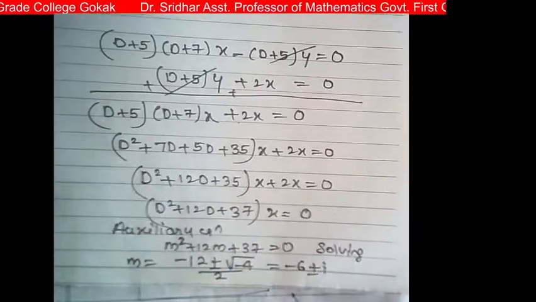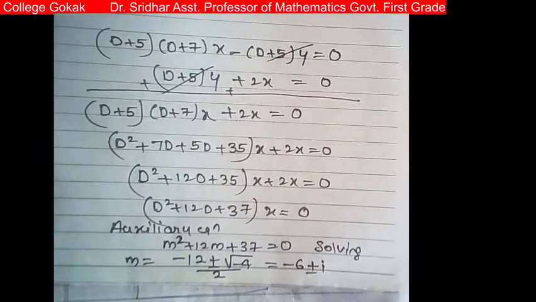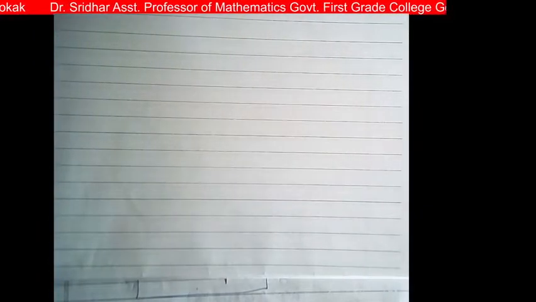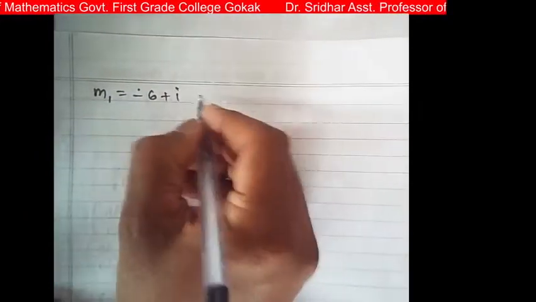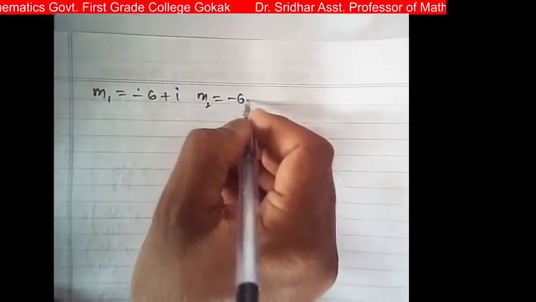So the two roots are complex, of the form a plus ib. We get the two roots as m1 equal to -6 plus i and m2 equal to -6 minus i.